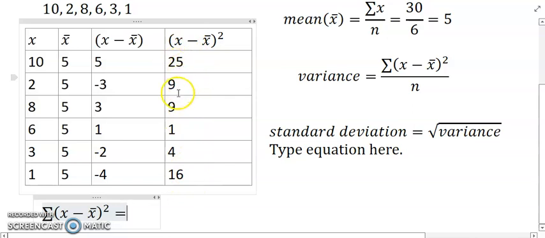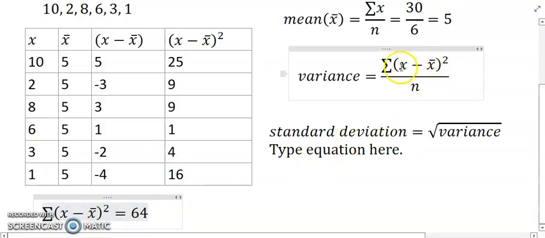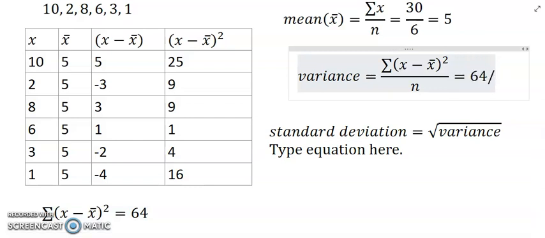Here's 25, 9, 9, 1, 4, 16, which gives 64. Meaning that where there is this value, we're going to replace it with 64. Okay, let's go ahead. We have 64 divided by our n, which was 6, which gives 10.67, just like that.